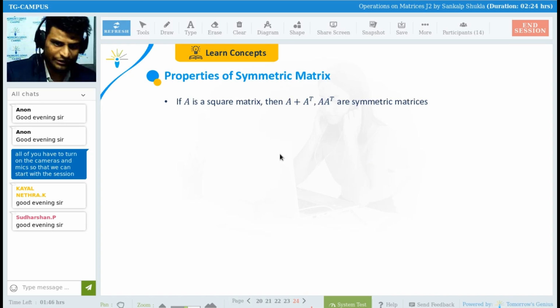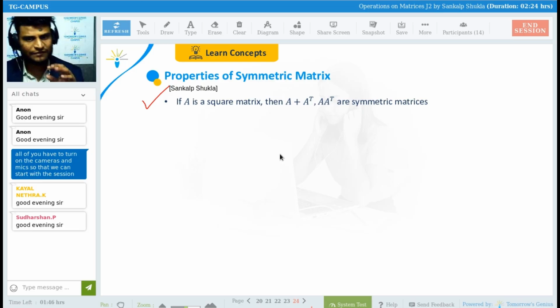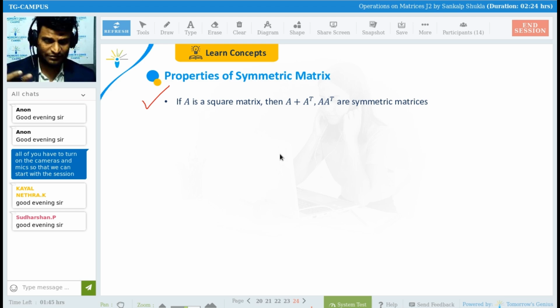Again, a very important discussion. If A is a square matrix, then A plus A transpose as well as A into A transpose are always going to be a symmetric matrix. These are the properties that we are going to use on direct questions. These are certain key points which you have to know by heart.